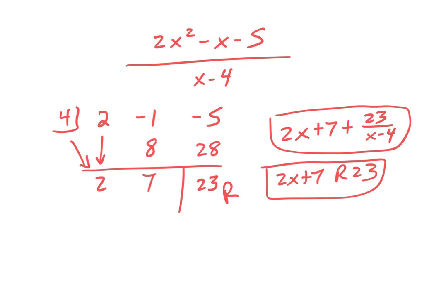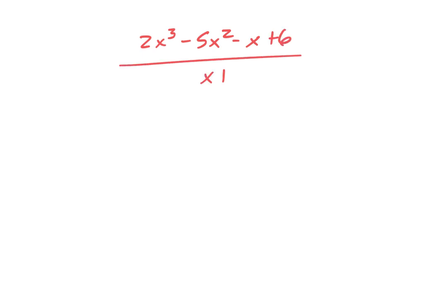Okay, let's look at one that's not a quadratic to start with. This one has a little bit different degree. This one is starting as a cubic polynomial. We have a degree of 3 to start with.